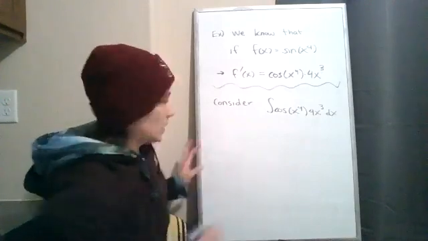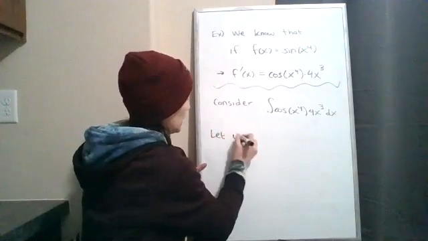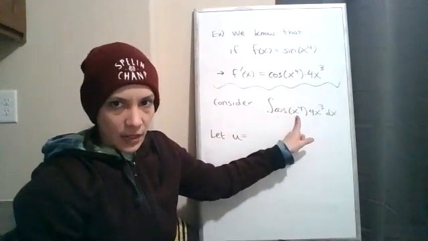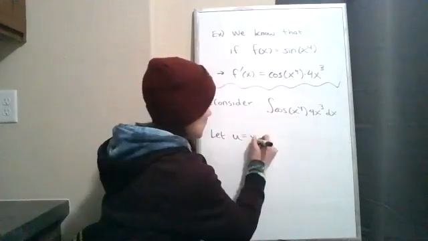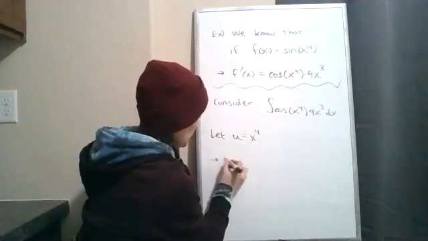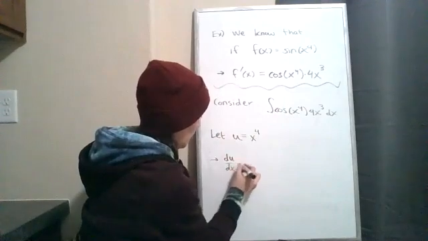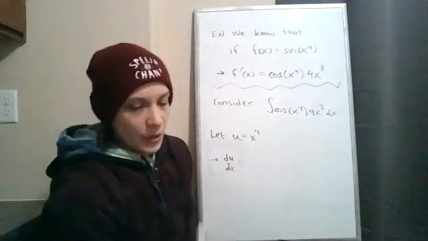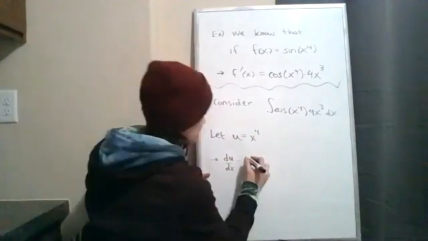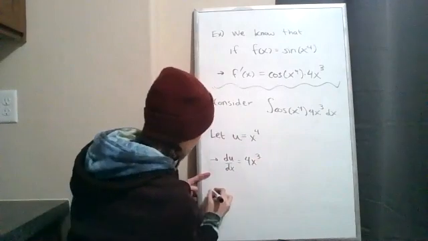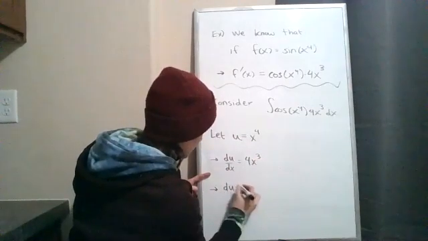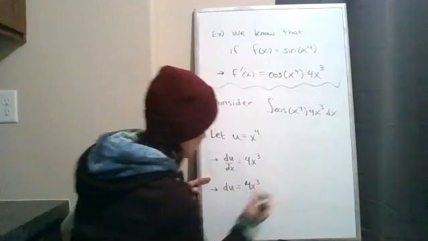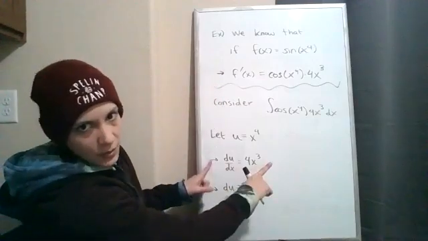So try this. Scratch work: let u be some function of x. We're going to let u be x to the fourth. The derivative of u with respect to x will be 4x cubed, and we're going to multiply both sides by dx.